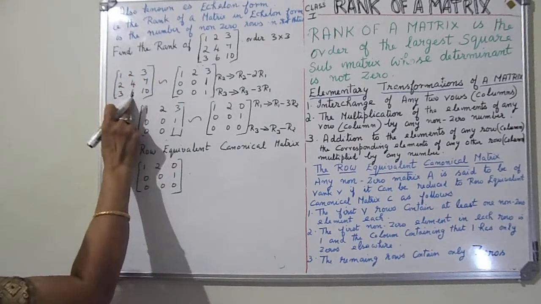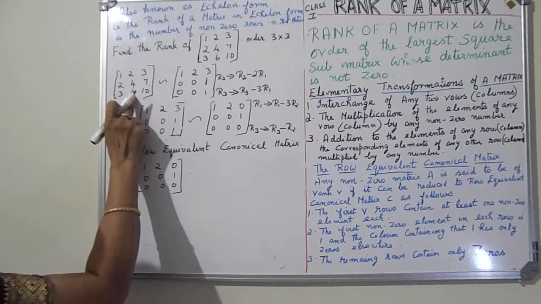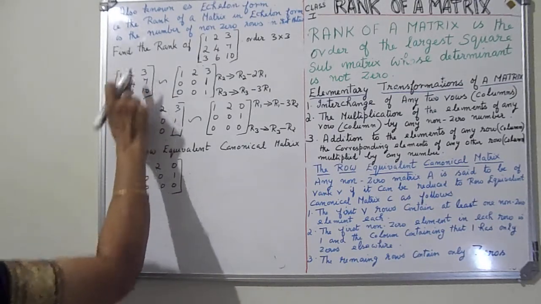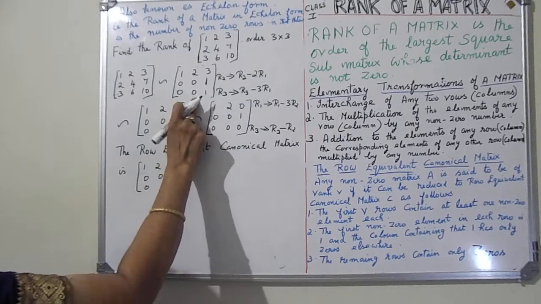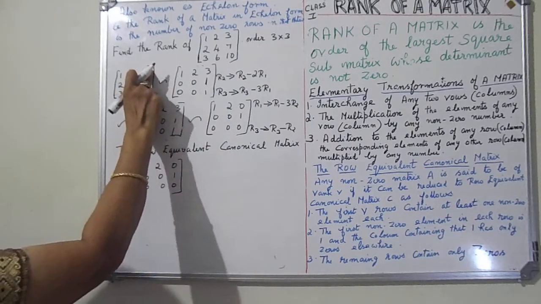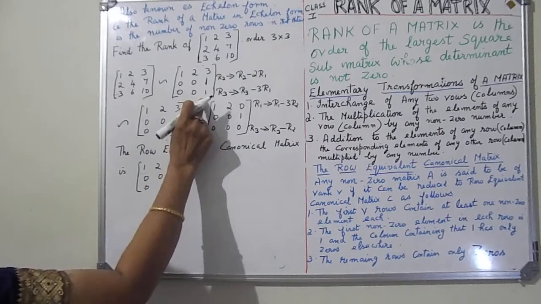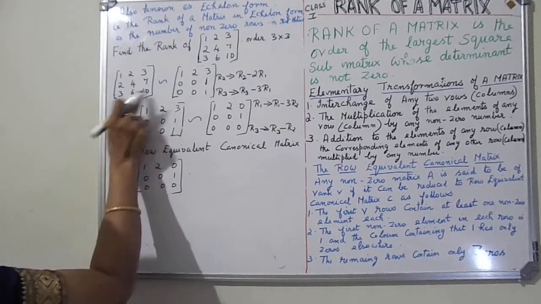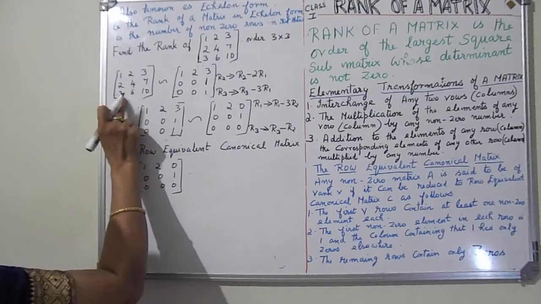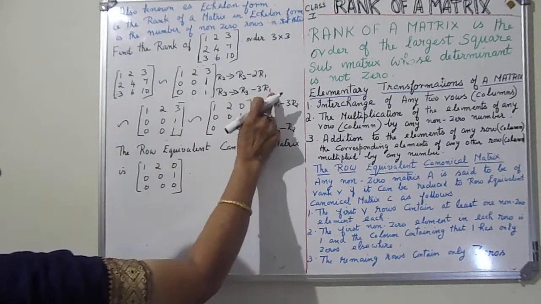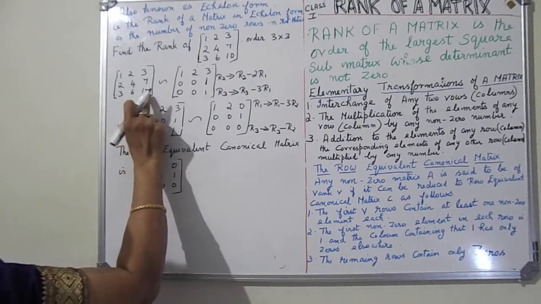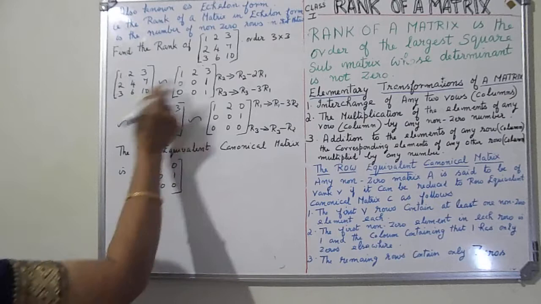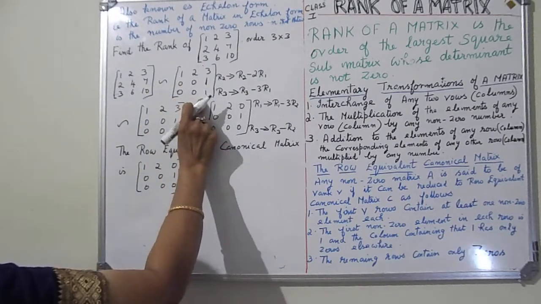Now the second element in R3 is 6. 3 into 2, 6, 6 minus 6 is equal to 0. What about 3? 3 into 3, 9, 10 minus 9 is equal to 1. Therefore, the third row 3, 6, 10 is changed to 0, 0, 1. So these two matrices are equivalent matrices.